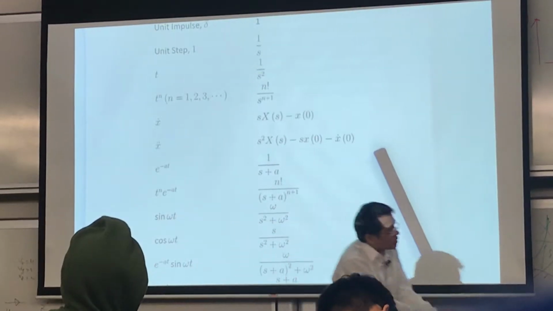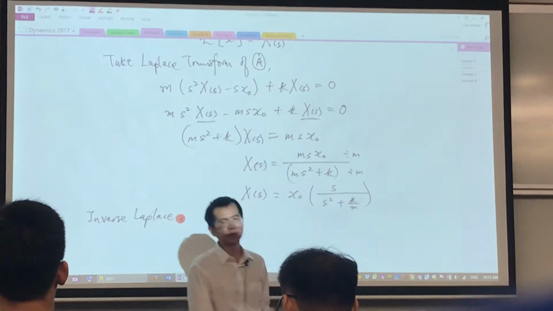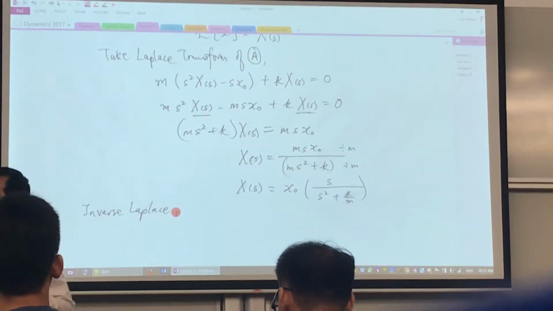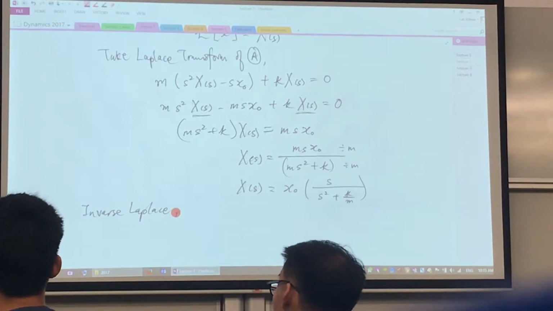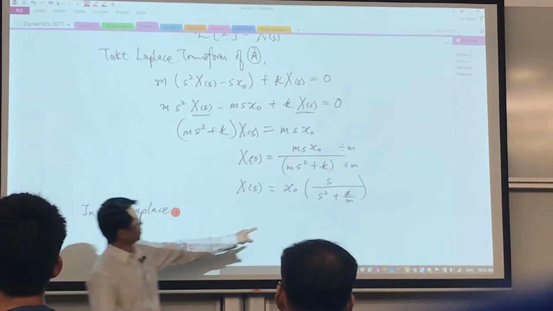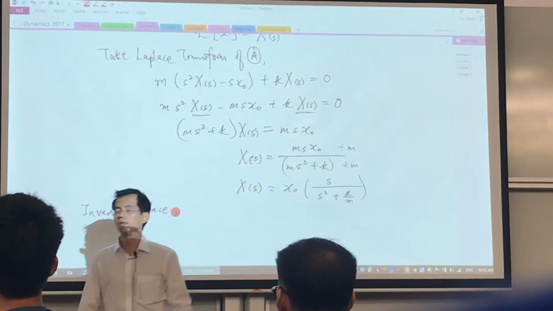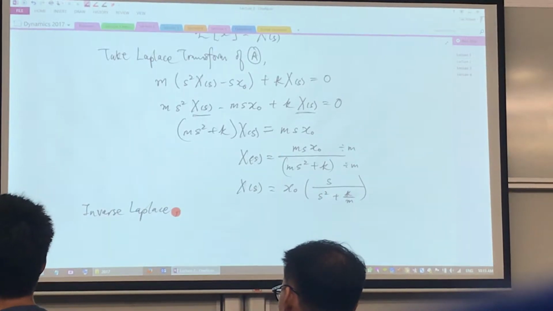So what I'm going to do next is to look at the inverse Laplace of this term over here in the bracket. Can you find which expression over here is very similar to this, such that after I do the inverse Laplace, you get the corresponding cosine omega t?